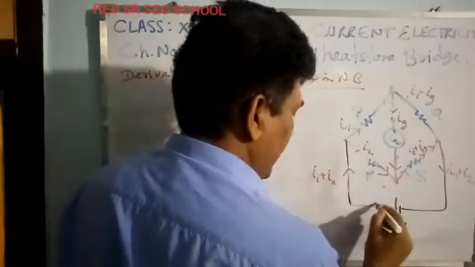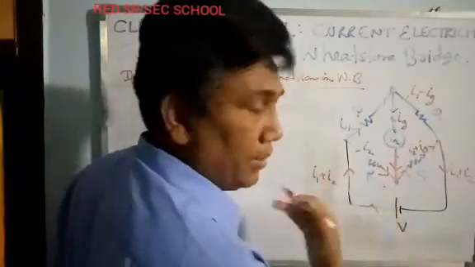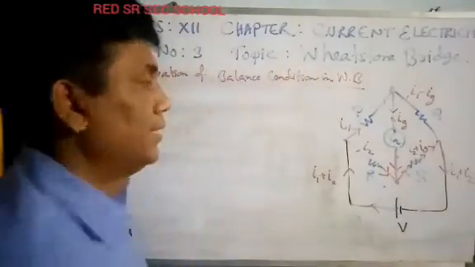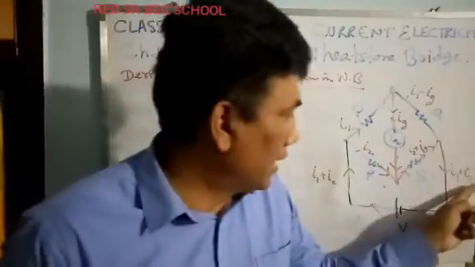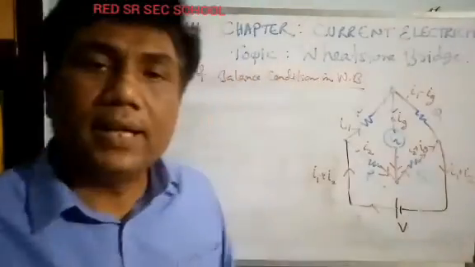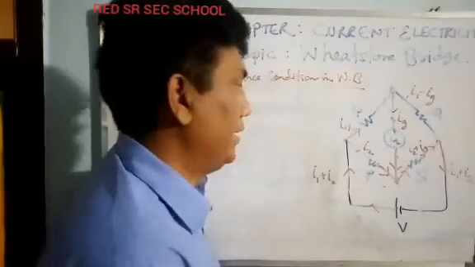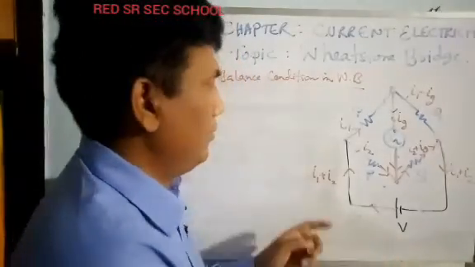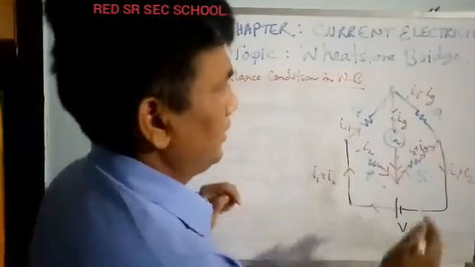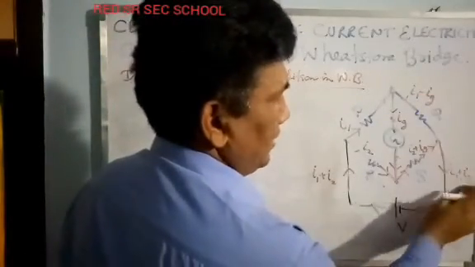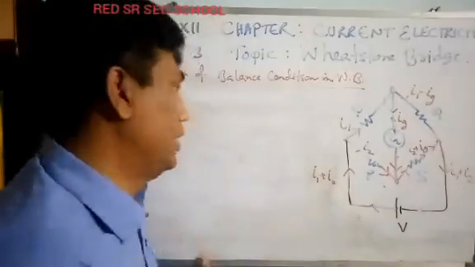From the battery, I1 plus I2 comes out, and I1 plus I2 again enters it. So Kirchhoff's law is again valid. Using the first law, we have distributed current everywhere. You can add I1 minus Ig and I2 plus Ig, and you will get I1 plus I2 only.